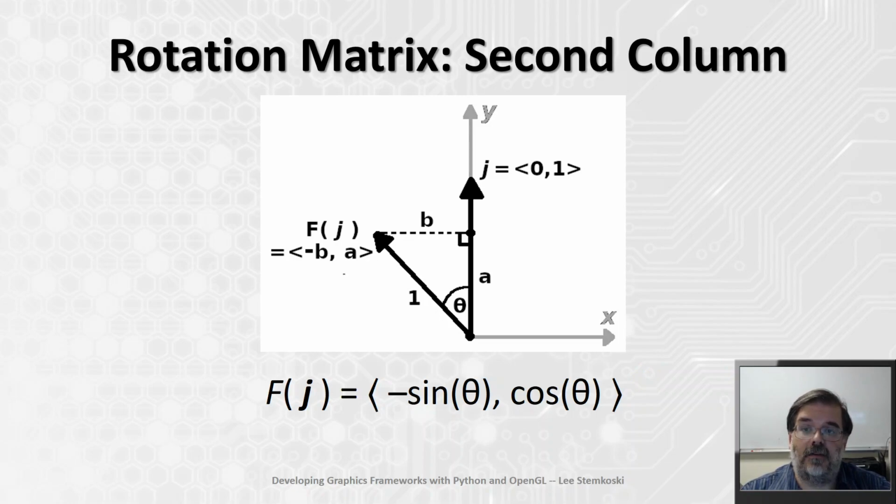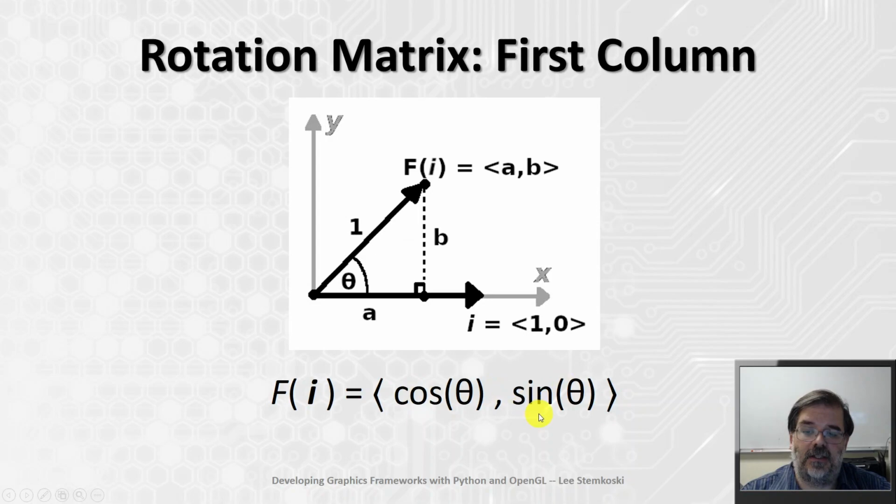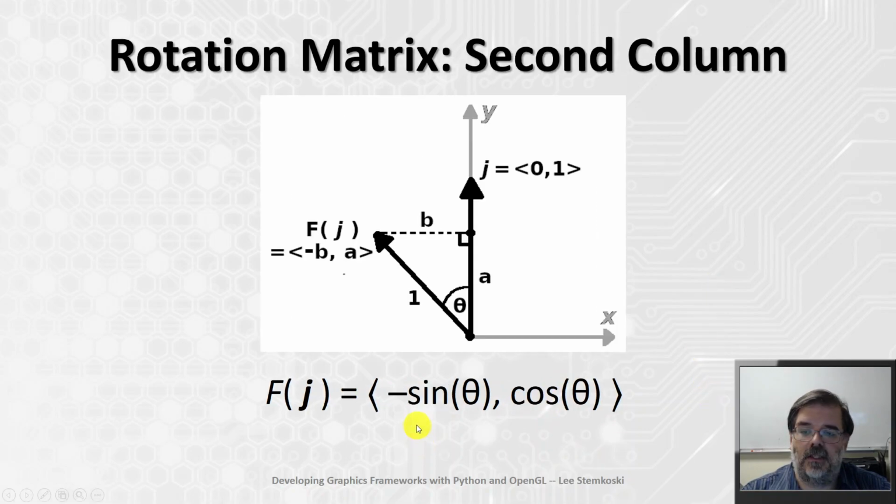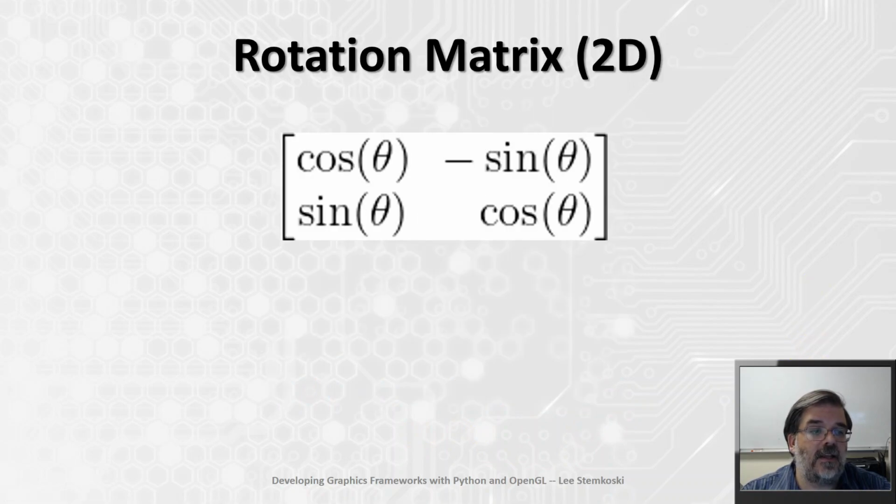Putting it all together, we have our first column, cosine and then sine. So that'll be going up and down. The second column is negative sine and cosine. Again, second column going up and down. That leaves us with this, the rotation matrix, in 2 dimensions. It's cosine theta, sine theta, our first column, and negative sine theta, cosine theta is the second column.